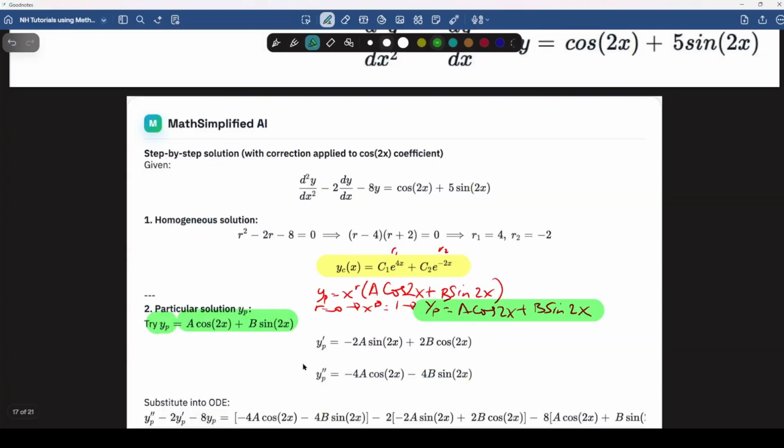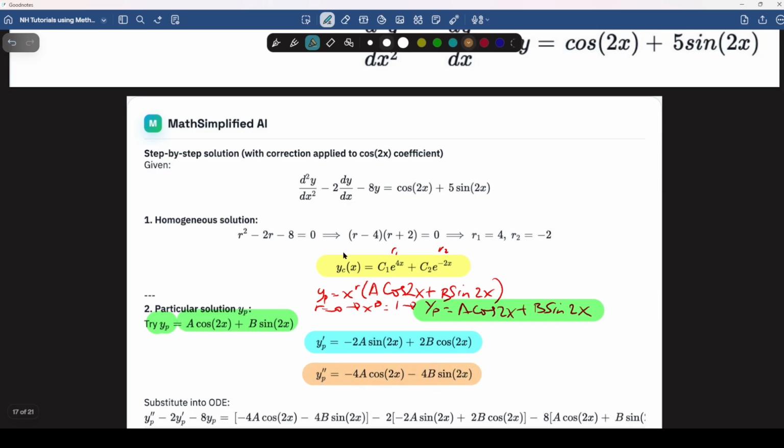For that yp, the first derivative yp prime is negative 2a sin 2x plus 2b cos 2x. Let's highlight the yp single prime in blue. And then yp double prime is the next derivative, which becomes negative 4a cos 2x minus 4b sin 2x. Let's highlight it with a color for our yp double prime.